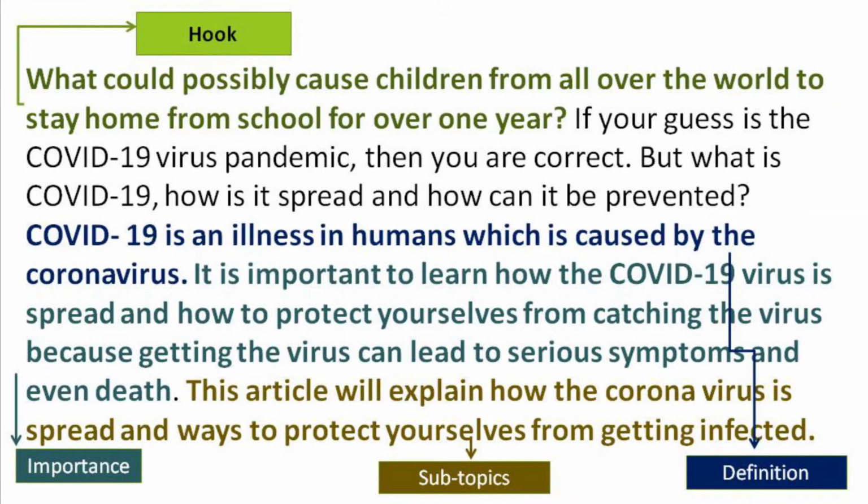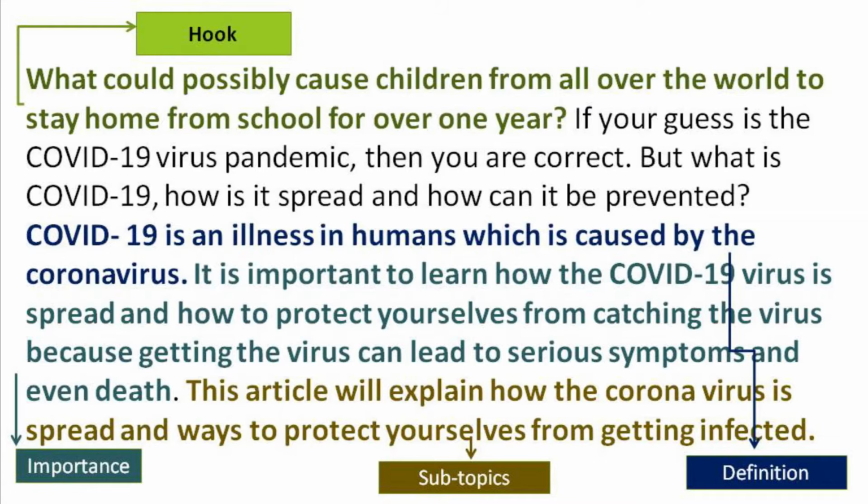Let us have a look at an example. In this example, it reads, what could possibly cause children from all over the world to stay home from school for over 1 year? If your guess is the COVID-19 virus pandemic, then you are correct. But what is COVID-19? How is it spread and how can it be prevented?